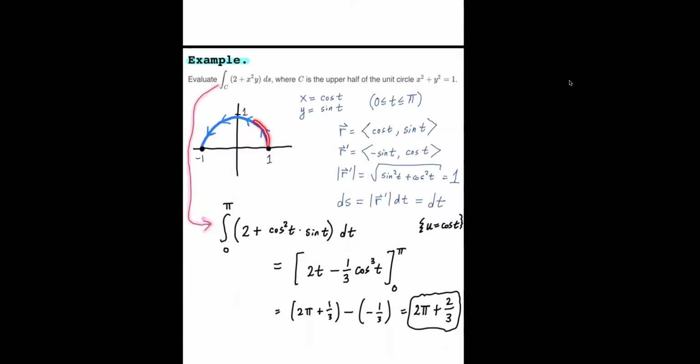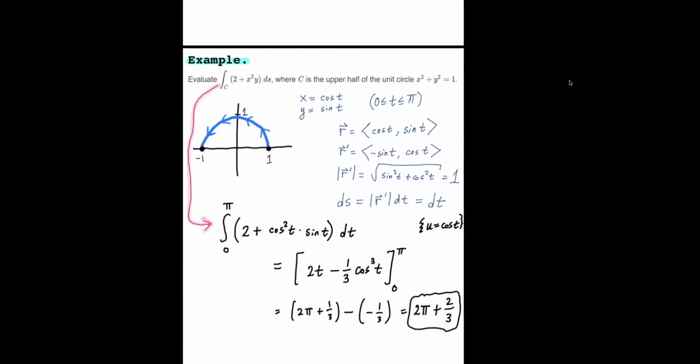First, it's good to make a sketch of the curve. We can parameterize a circle with a single time variable t using polar coordinates. So we'll take x equals cosine t, y equals sine t, and we'll let t go from 0 to pi, and this will trace over the curve once, starting at the point (1, 0), going counterclockwise to the point (-1, 0).